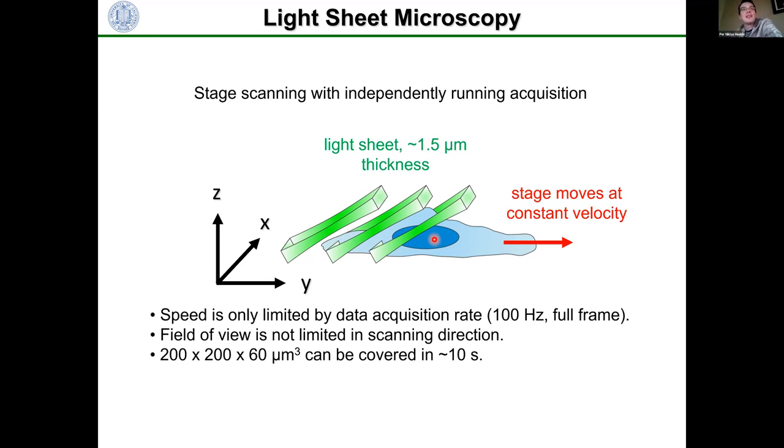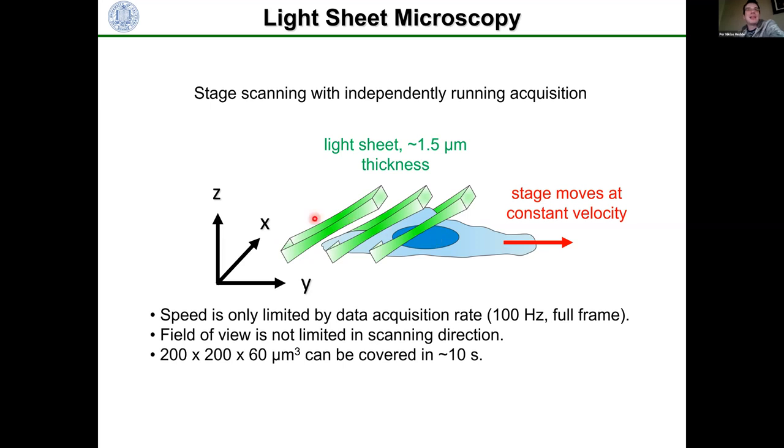Alternatively, you could also move the detection lens, but then you also need to move the light sheet, and both need to synchronize to always stay in focus. So that scanning is a little bit more complicated to implement.